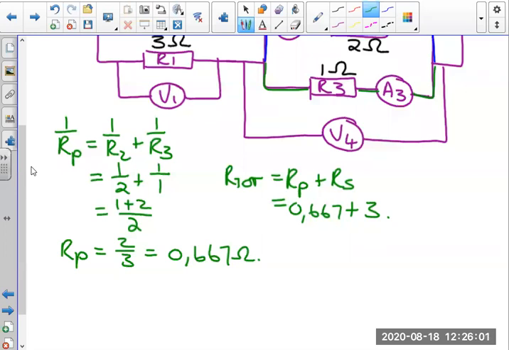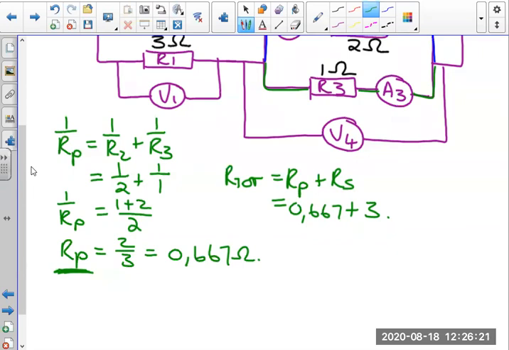Yeah, it is 3 over 2. But then when you swap it around and you just want R parallel, remember this is still 1 over R parallel. So it's 3 over 2, and if I just want R parallel, I have to swap it around. So then it's 2 over 3. Are you all right with that?